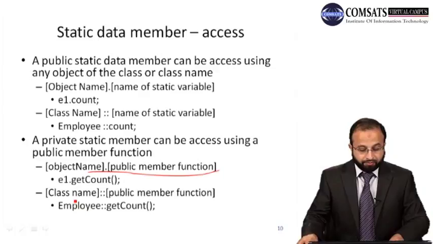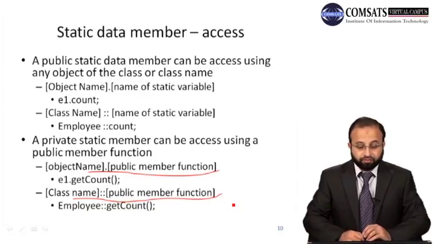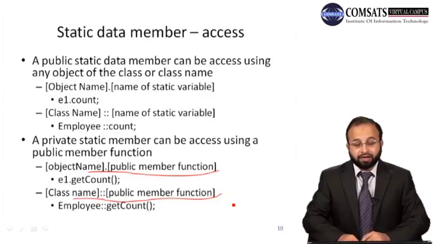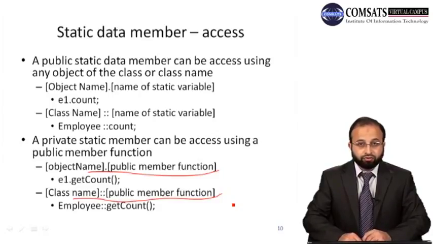Also at this point, when you use it with the class name and the public member function, that public member function is basically also a static function that is used to acquire the value of a static data member. So with the class name, when you call a public member function, you should not be accessing the private data member of any object, right?